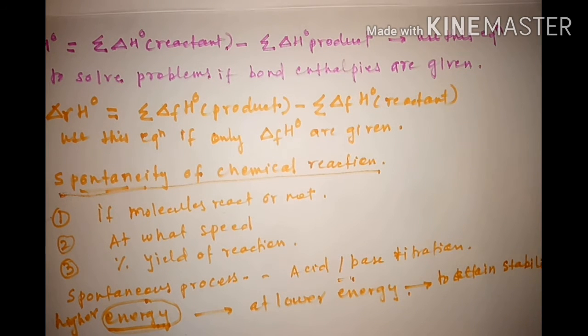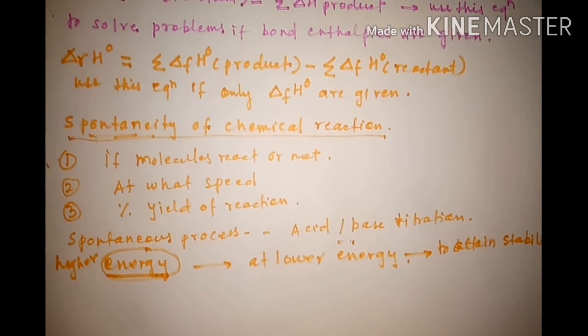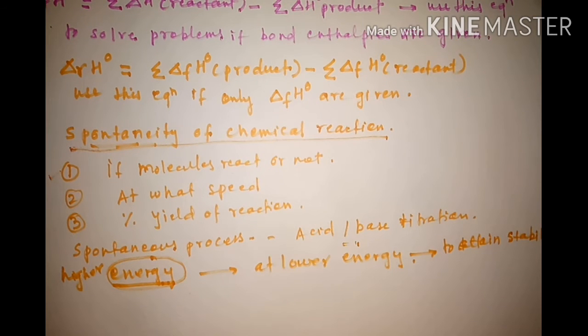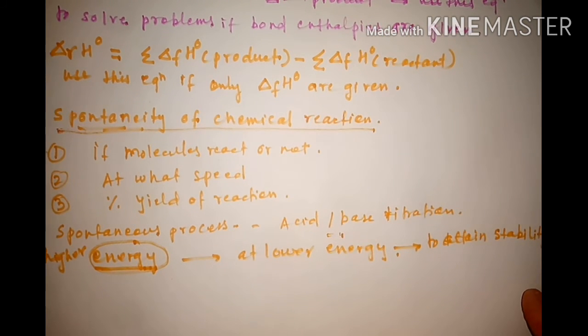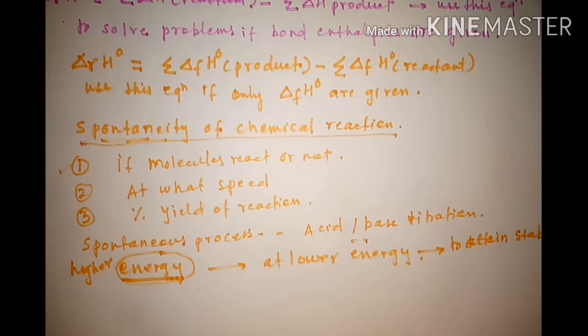All 118 elements try to be stable when a reaction occurs. All compounds and molecules always try to reach the stable state. If any reactant is converted into product, the product obtained on completion of the reaction should be more stable than the reactant. Then only will the product satisfy your requirement.